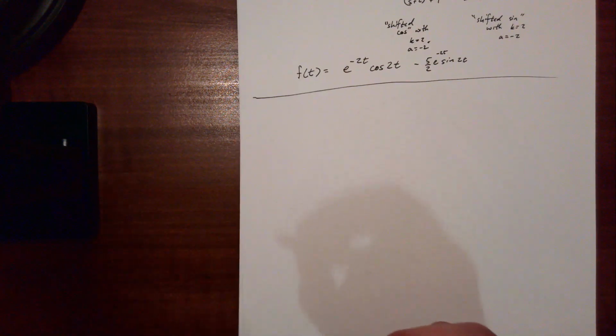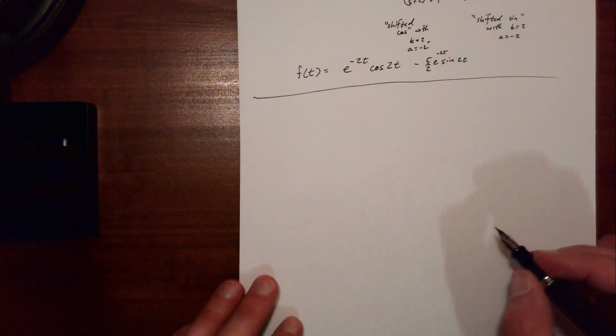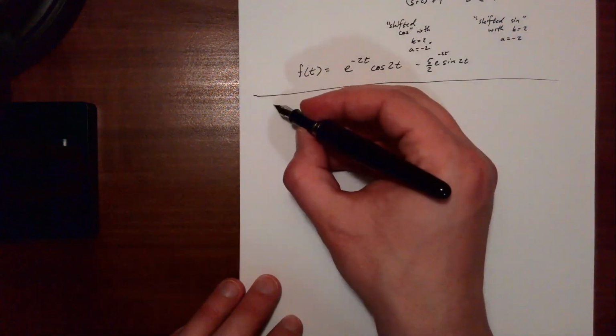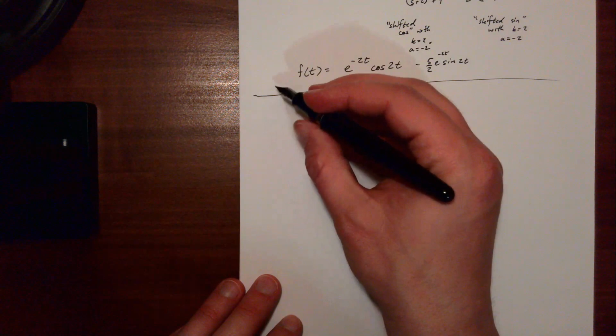So when the quadratic can be factored, that's typically a case where we'll use partial fractions.